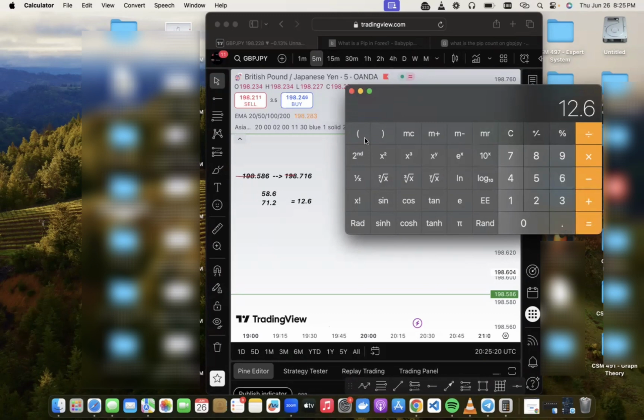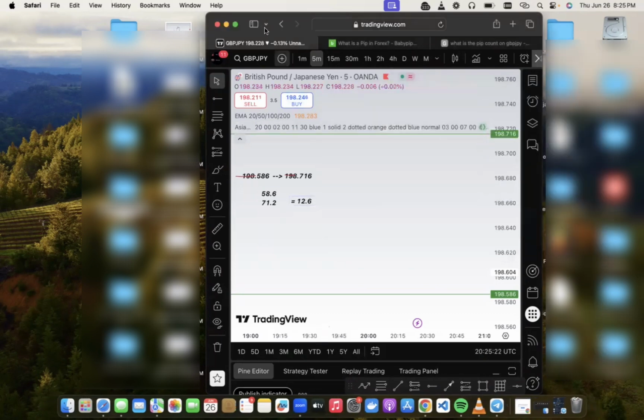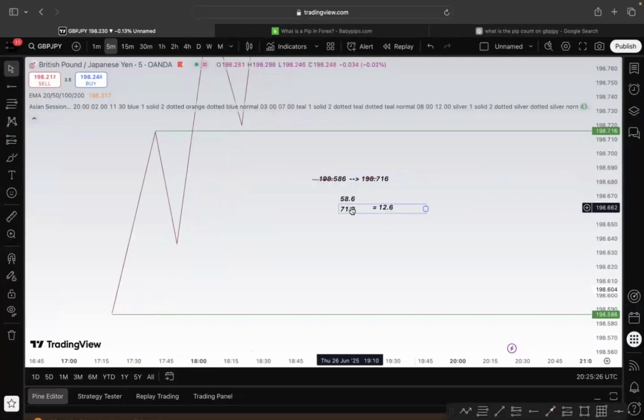Yeah, so 12.6. So I was right. So that's the number of pips moved. Instead of it being 13, you see that because the pipette was different, this value changed, it couldn't be a full 13 pip move anymore. So the pipette gave us a fraction. But if this was 6, it would obviously make sense that the number of pips would now be 13.